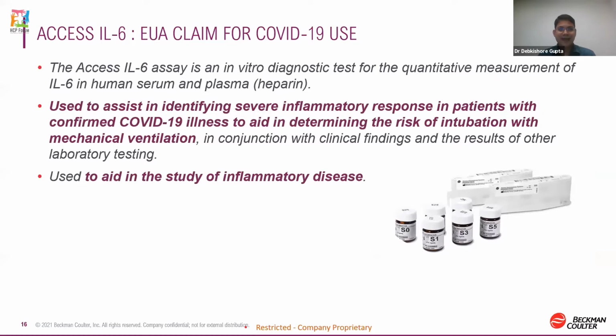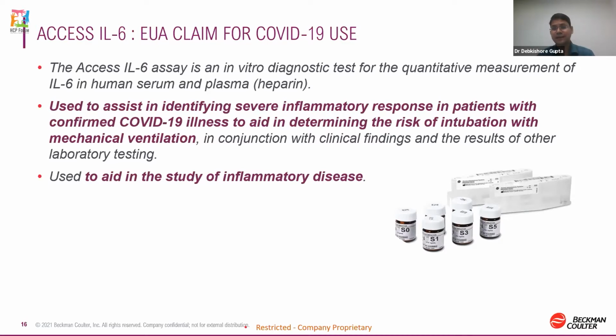Now coming to Access IL-6. This is the claim for COVID-19 use coming from the EUA claim. The Access IL-6 assay is an in vitro diagnostic test, and we all know that this is for human serum and plasma. This is used to assist in identifying severe inflammatory response in patients with confirmed COVID-19 illness, to aid in determining the risk of intubation with mechanical ventilation.